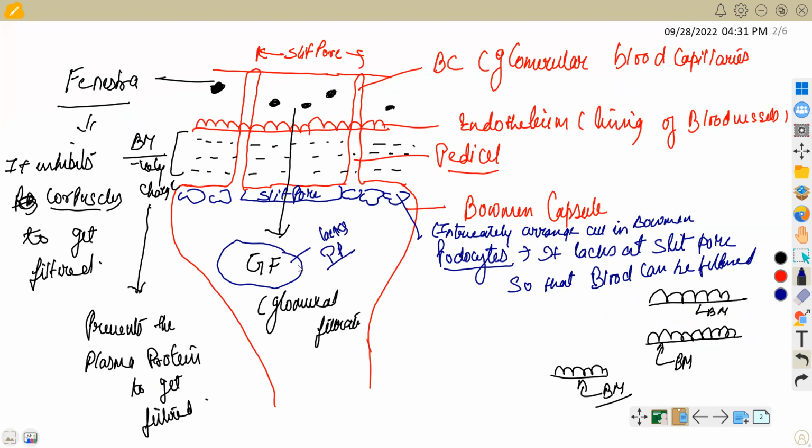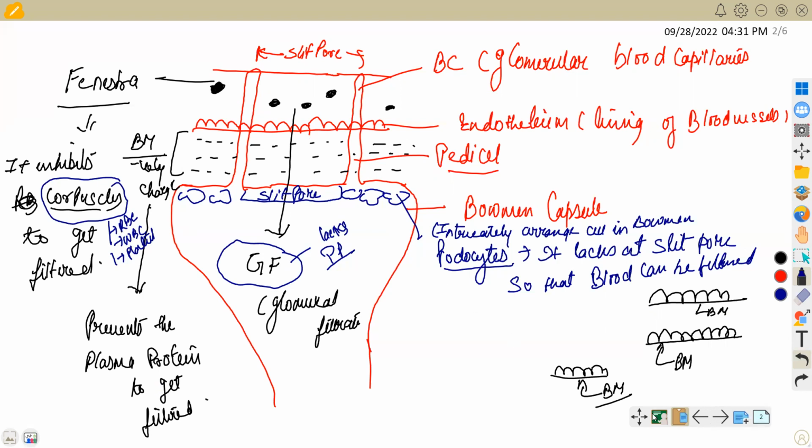And what else does it lack? It lacks corpuscles, all varieties of corpuscles: it lacks RBC, it lacks WBC, and it lacks platelets. All the varieties of corpuscles are lacked by this glomerular filtrate because there is fenestra, which is not allowing these corpuscles to get filtered and come into the glomerular filtrate.